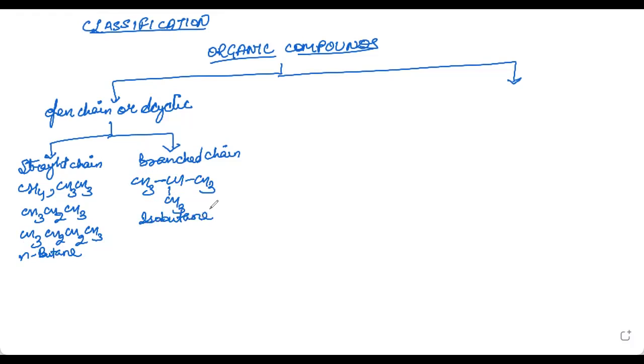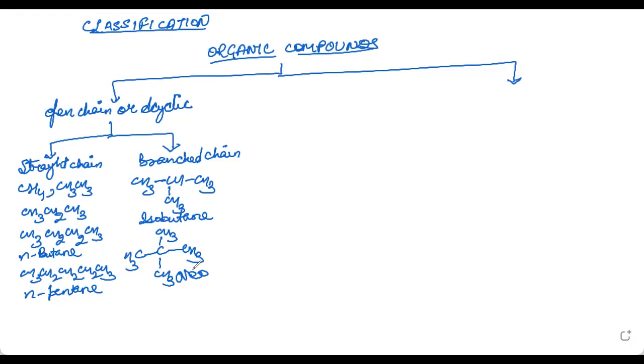Isobutane is branched chain. Pentane can be straight chain, a 5 carbon compound, n-pentane. It can be branched chain also, which is neopentane.